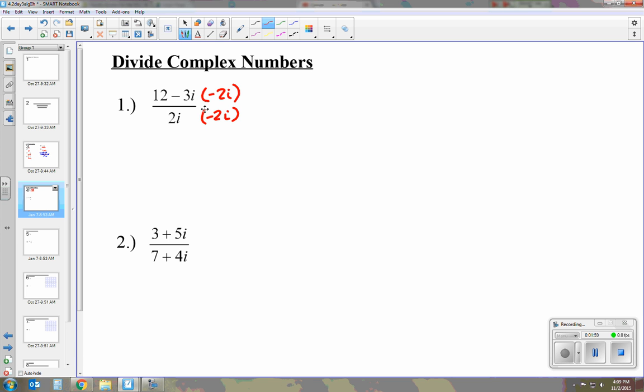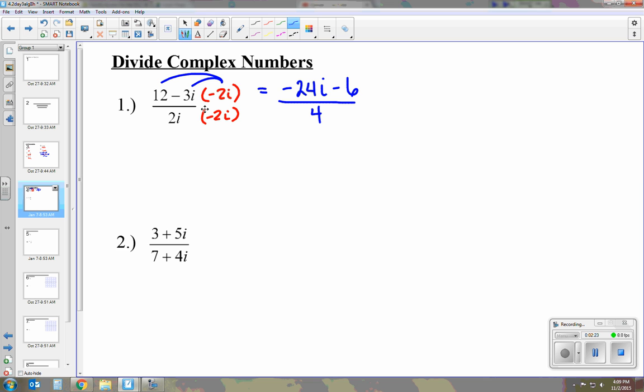Okay, and then we distribute, and we get a negative 24i minus 6, because negative 3 times negative 2 is a positive 6, and i squared is a negative 1, so we change it to a negative 6 over 4.